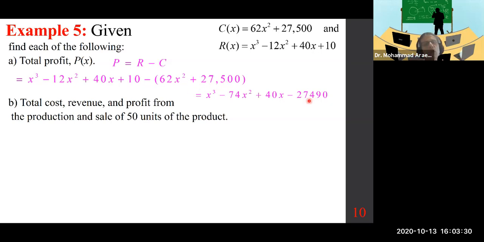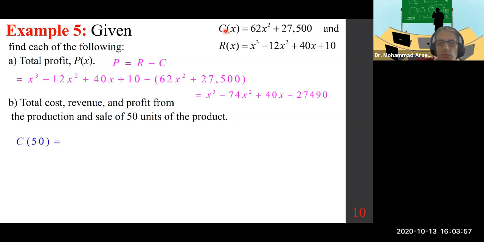So what is the total cost, revenue, and profit when we have 50 units produced and sold? Just plug in. I assume everybody can do that. Just plug in 50 for the cost, 50 for the revenue, 50 for the profit. If you calculate the cost and revenue for the profit, you have two choices: plug it in here, or just revenue minus cost.